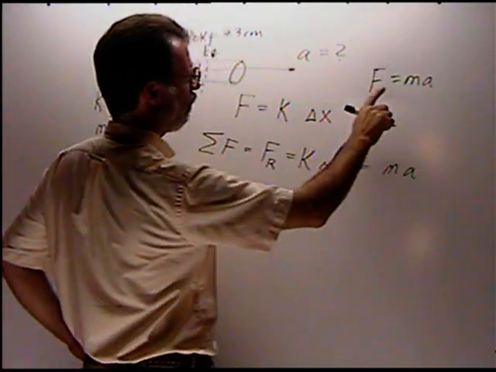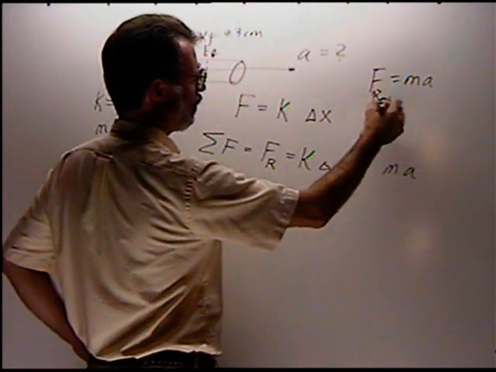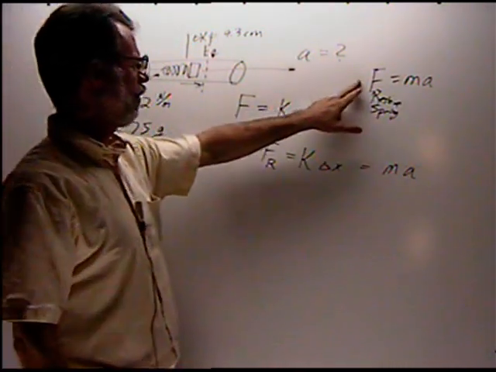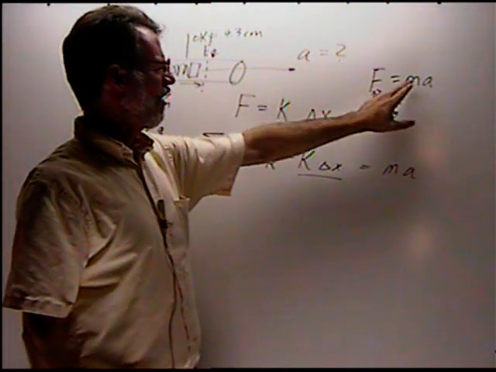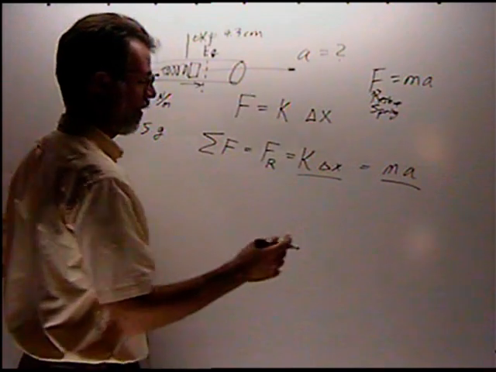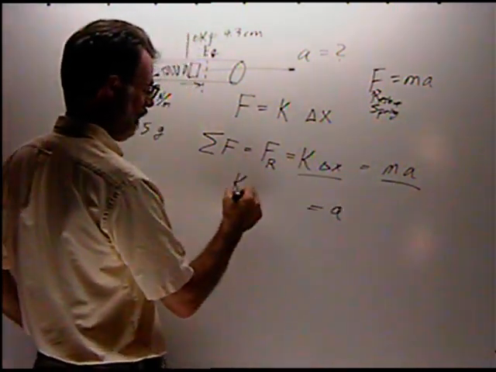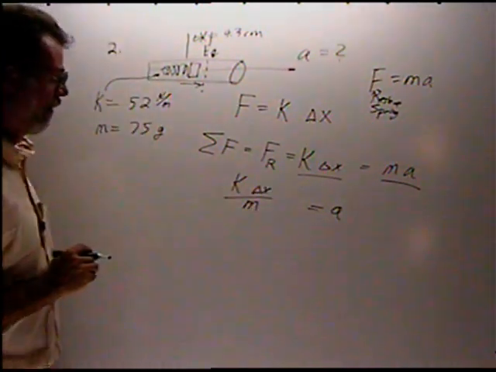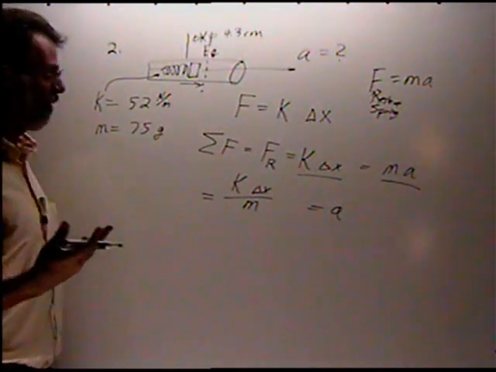In this case, the only force we have is the restoring force of the spring, which will accelerate the mass. So we can solve for the acceleration. The acceleration is equal to k times delta x divided by the mass. Hopefully this makes sense. We're incorporating Newton's second law here.